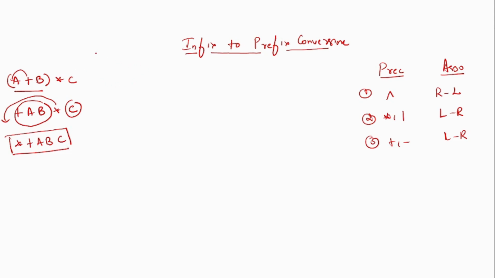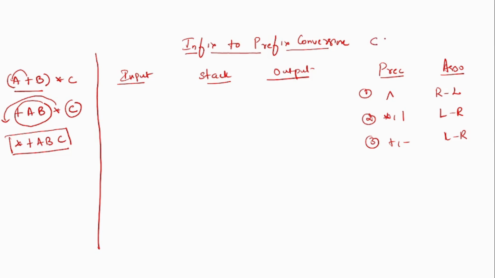Now let us do this using our stack method. So I'll say here input, stack, and output, correct? As I told you, using stack you need to reverse the expression. So I will reverse this expression here at the top.